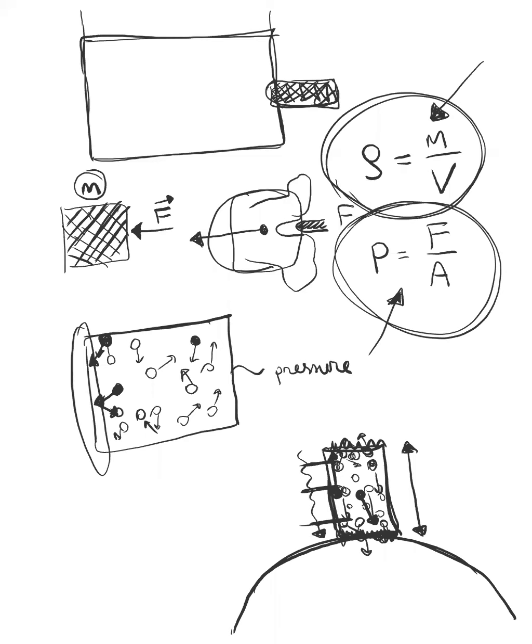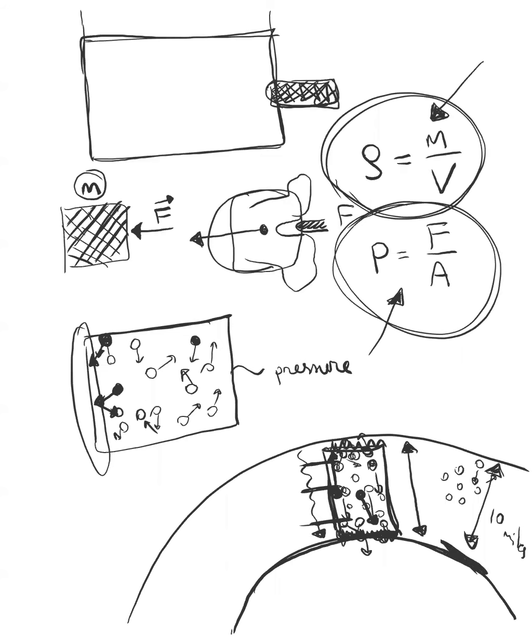Most of the atmosphere is within 10 miles of Earth's surface. And since the atmosphere is made of different molecules that move around, of course, this atmosphere exerts pressure on everything. And 10 miles is quite a lot of distance, quite a big difference in terms of energies of colliding and moving molecules. So the pressure at sea level is significantly higher than pressure at, say, 5 miles above sea level.